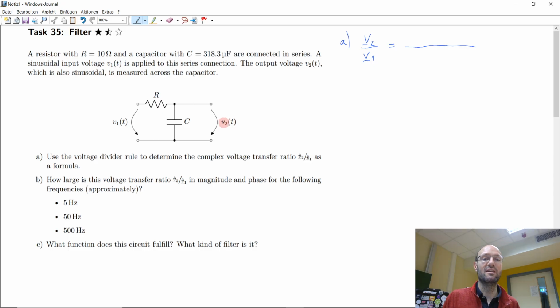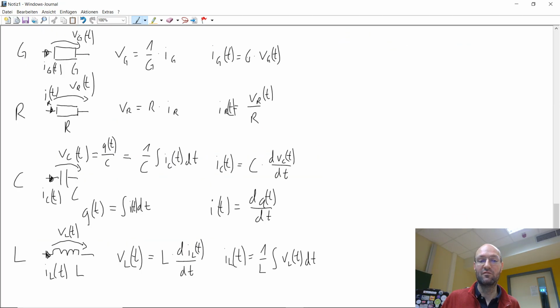We could calculate this voltage from the current, for example, but the voltage drop is a time integral over the current, or we could calculate the current if we already knew the voltage, as the time derivative of the voltage at this capacitor. But this would lead us to differential equations, and we don't want to solve differential equations.